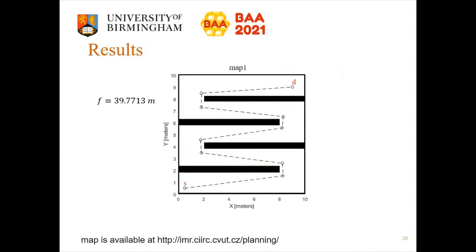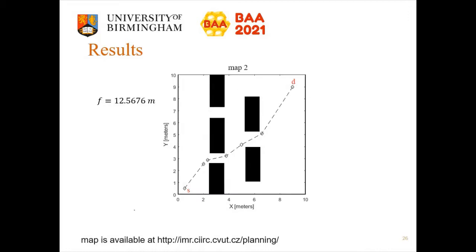The final result is as in this figure. The obtained length is 39.7713 meters, and this length is the average of the results of 10 implementations, and the parameters are random.